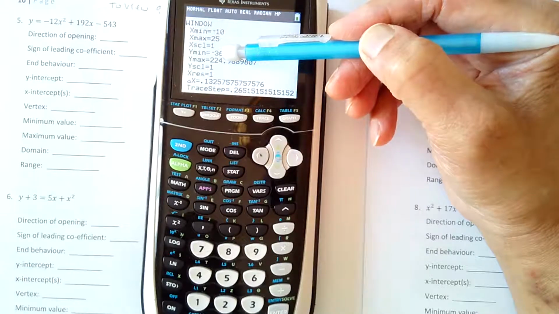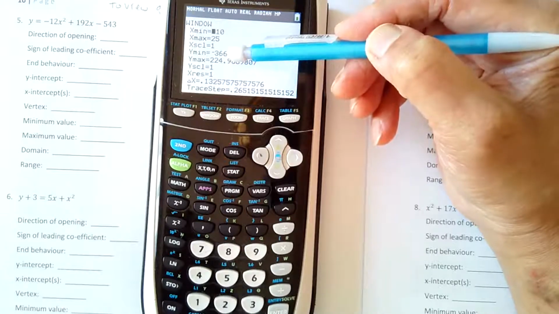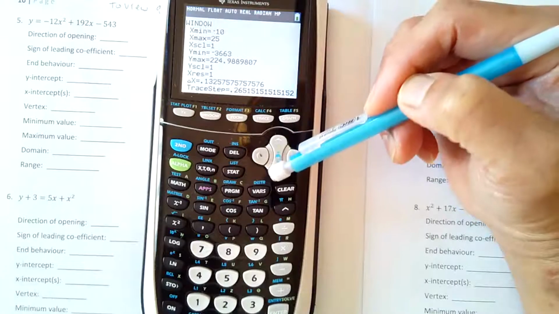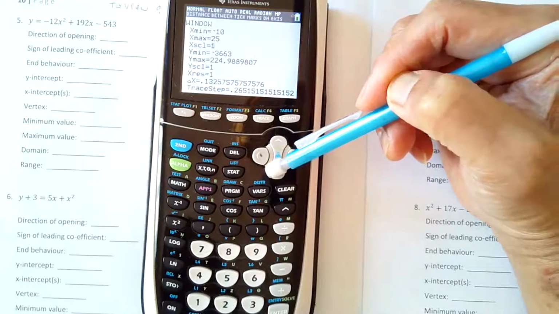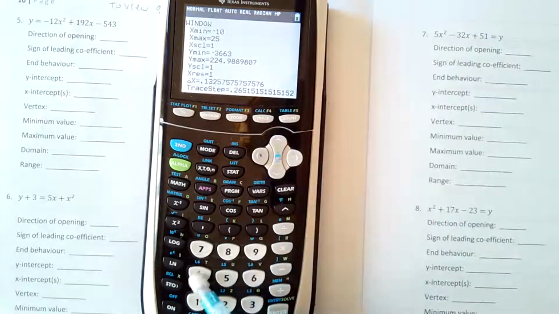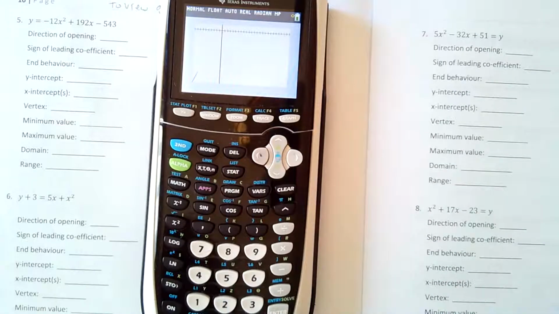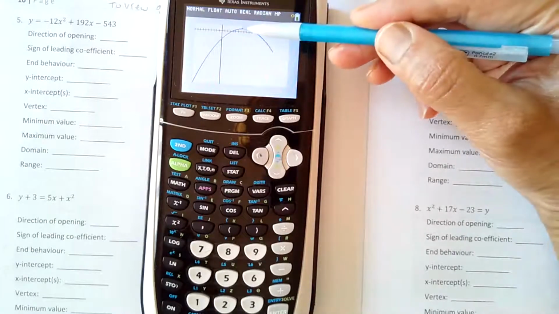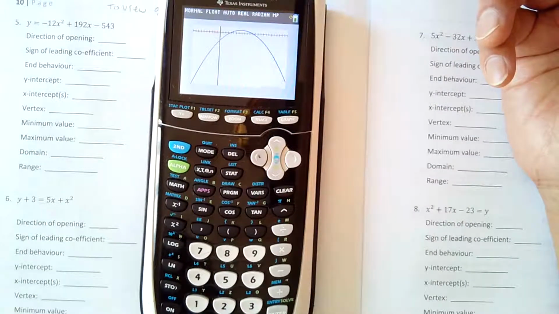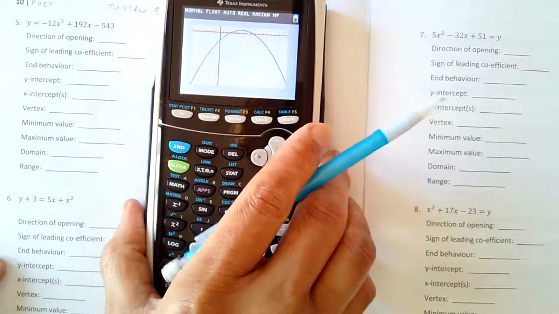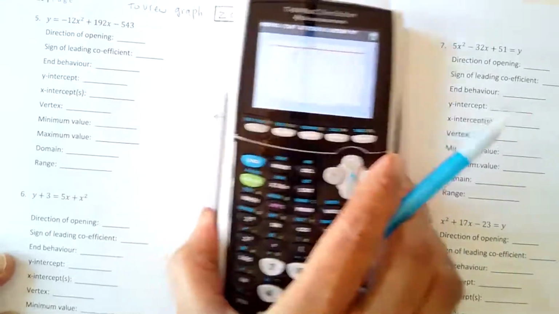So it's 663, which is huge. But I want to increase my y maximum, make that 300, maybe 400. So that's sufficient because I can see my vertex. Now I can go ahead and describe the graph.